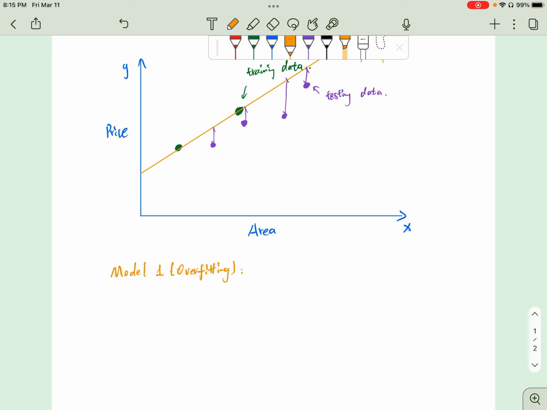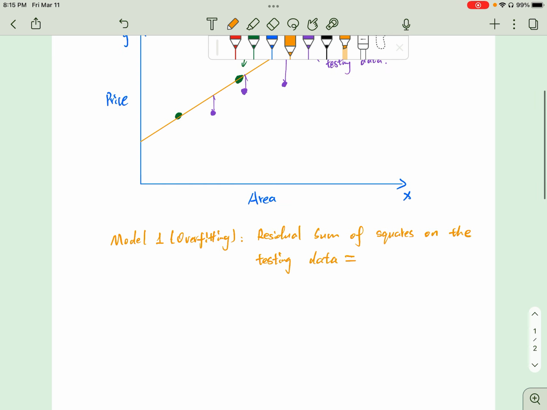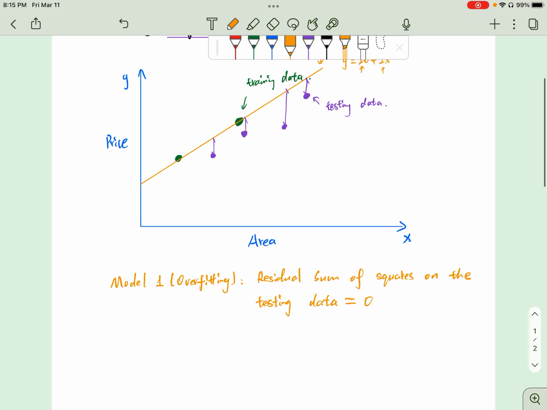And you can see the residual sum of squares on the training data is nearly 0 here, because we only have 2 training samples, and this model can predict these 2 training samples perfectly.